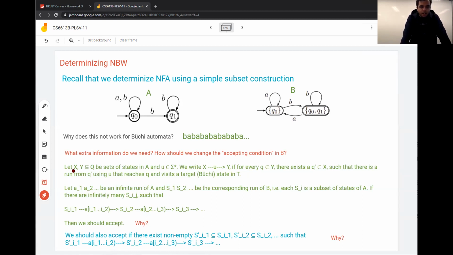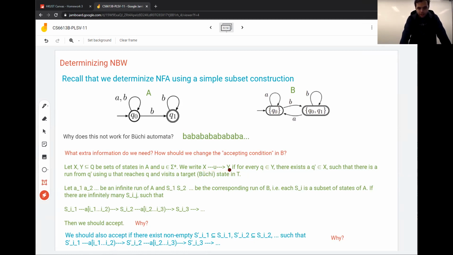So let's say that I have two sets of states, X and Y. I write this X, U, Y, and I usually read this as U projects X into Y, or X covers Y through U. Okay?